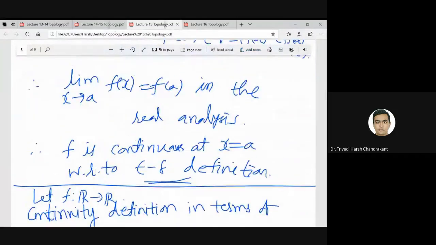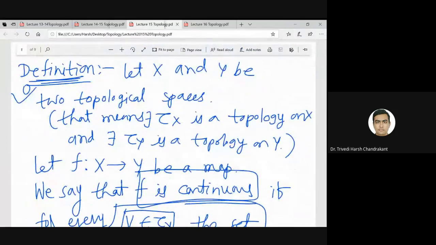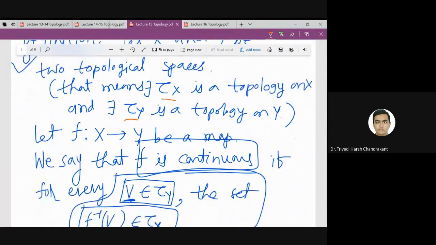And in the next lecture, that is the previous lecture, we discussed continuity. If X and Y are two topological spaces, that means I have a topology on X and I have a topology on Y, and I have a function from X to Y. Basically X has the topology along with it, so I can write X comma tau X to Y comma tau Y. So basically the function is from X to Y. X is the domain, Y is the codomain, but on X we have a topological structure.